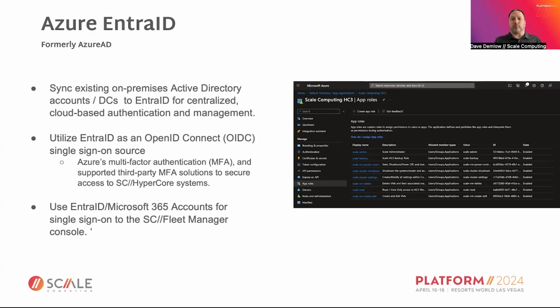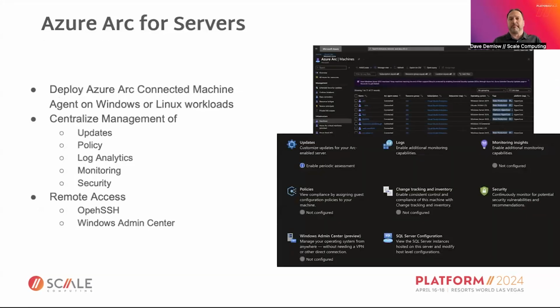You can leverage the full role-based access control, so you have one place to manage accounts, one place to manage roles, and then set up single sign-on to any number of HyperCore clusters. So that's a really key piece to centralize your authentication.